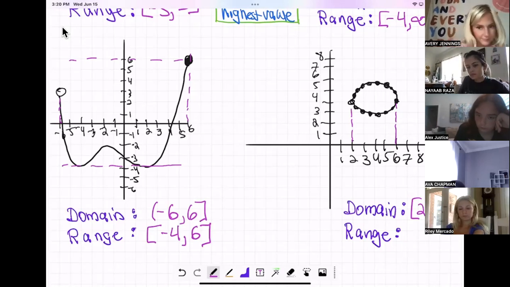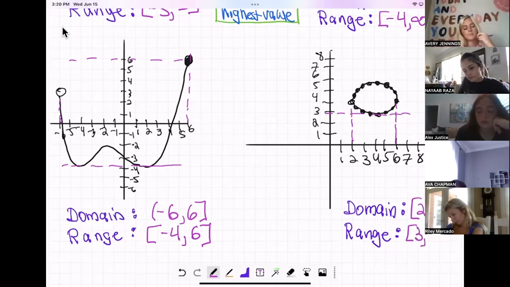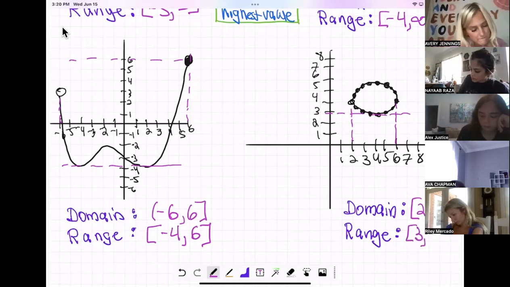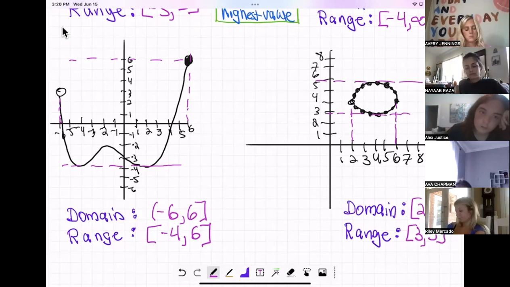What is my lowest y? 3. Bracket. What is my highest y? I go to my top. I probably missed it a little bit, but I meant it to be 5. Bracket. And then you already answered my question: is it a function or not? Nope, not a function, but it still has domain and range.